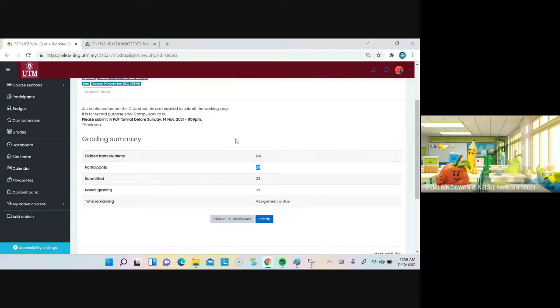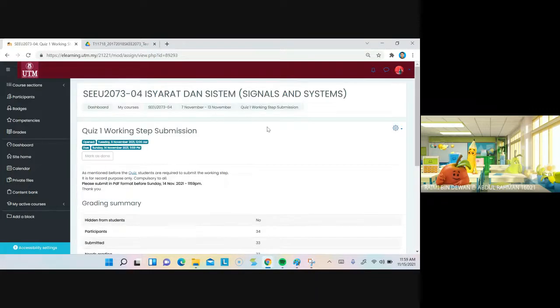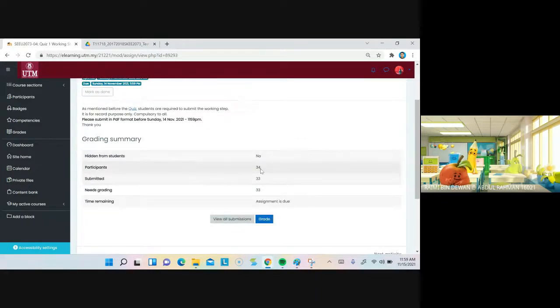I already repeated this so many times, even yesterday, but still students don't submit. I need the working steps as a record, because in future we may need to compile students' files.